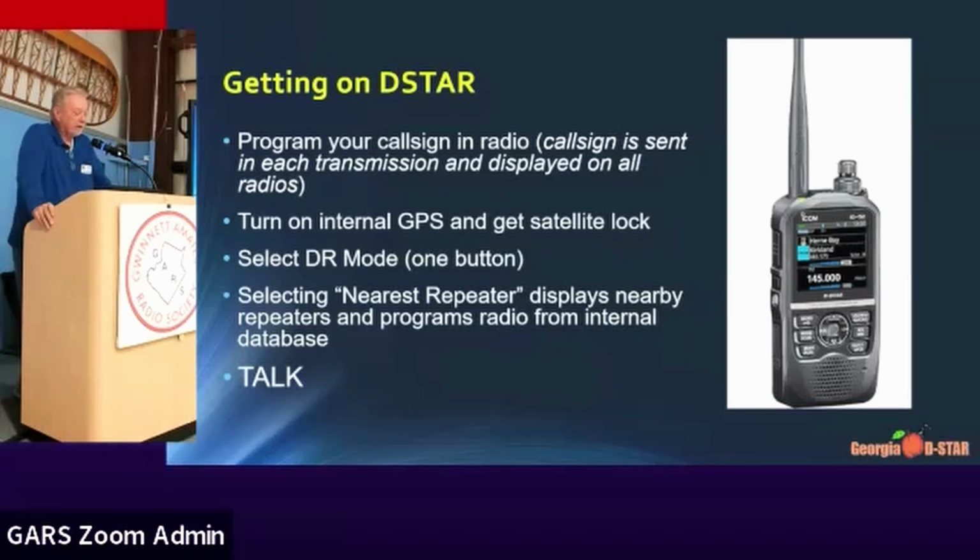And then I can select nearest repeater, and that's going to give me a list of the 10 closest repeaters to me. I can select one of those. It's going to set up my radio with frequency, offset, all that information that it needs from that internal database. And then I can talk.